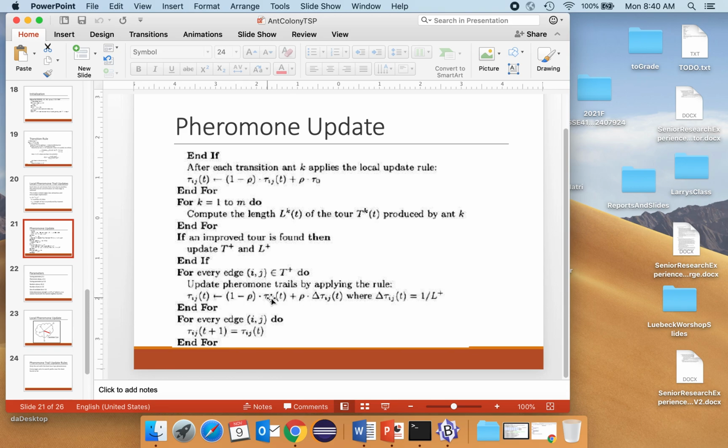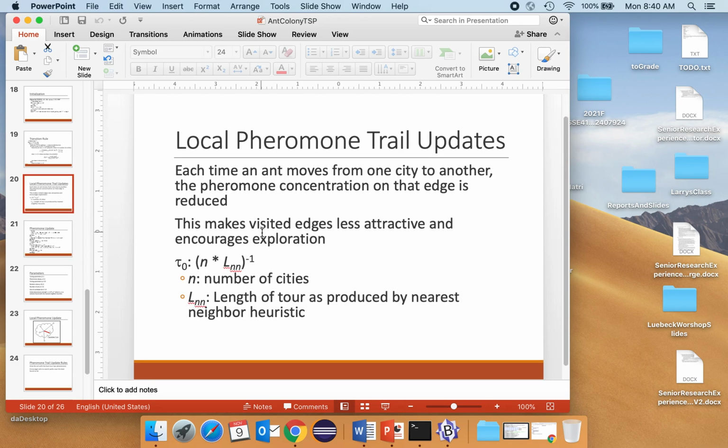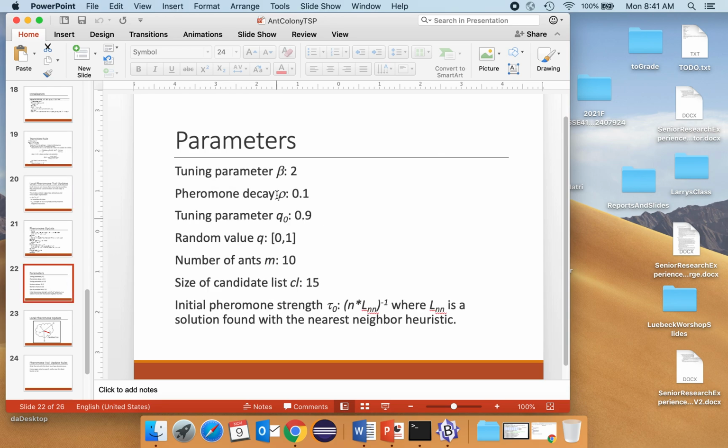Again, these are tuning parameters that help us understand how much of the pheromones we put down. Notice that this is 1 over L plus 1, whereas before we had n times L, and n over 1, 1 over this one. Here again are some tuning parameters that we might use.